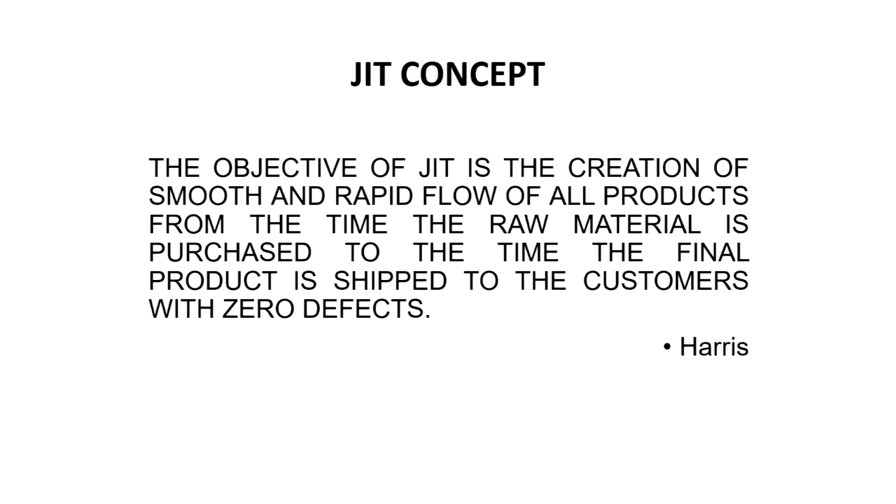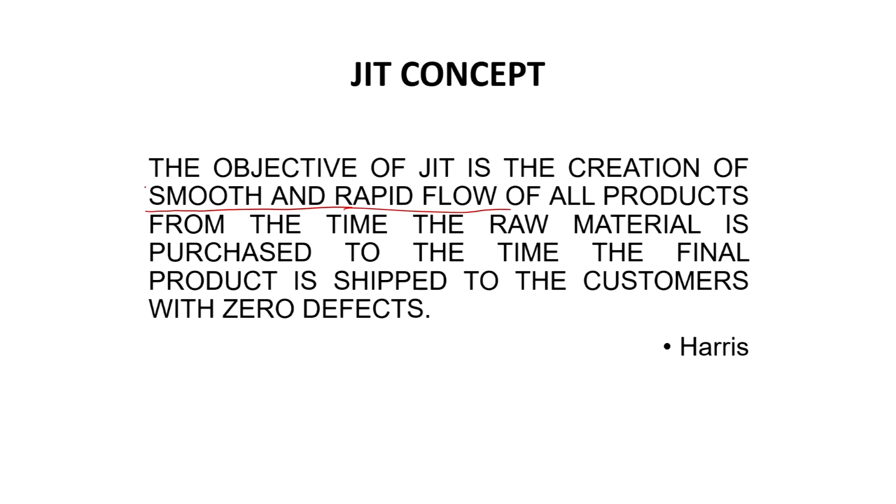Now, let us see third. The objective of the JIT is creation of smooth and rapid flow. So, how to organize work? Organizing work means creating smooth and rapid flow of all the products from the time the raw material is purchased to the time the final product is shipped to the customers with 0 defects.